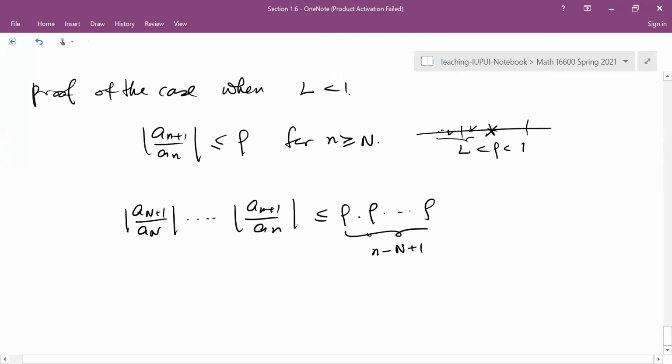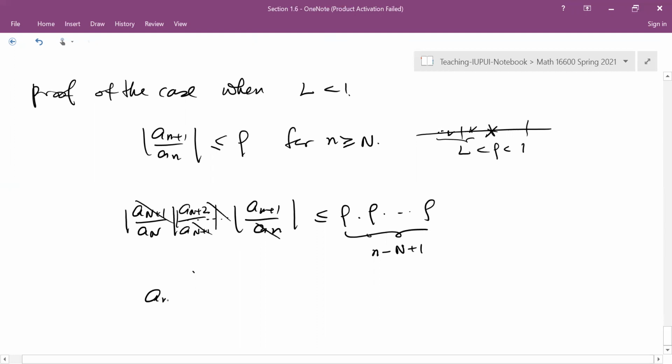But all of the terms will be canceled out. What is left is the next one, a_{n+2} over a_{n+1}, so those will be canceled out.